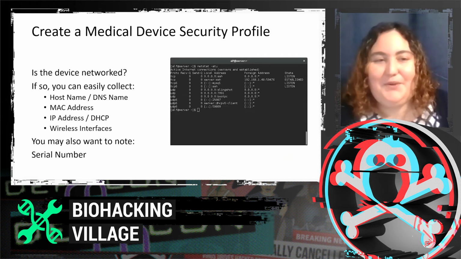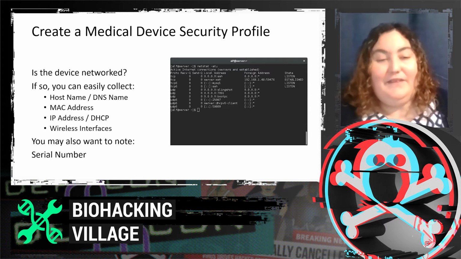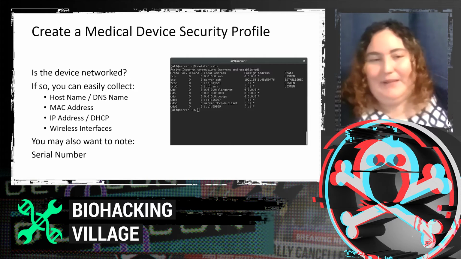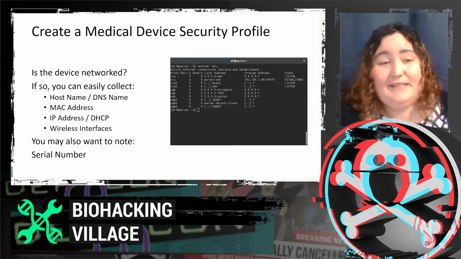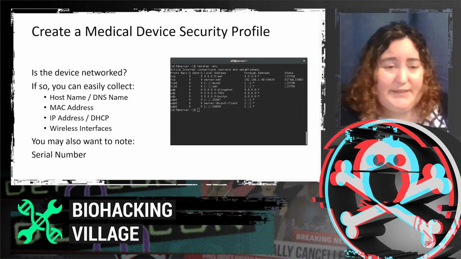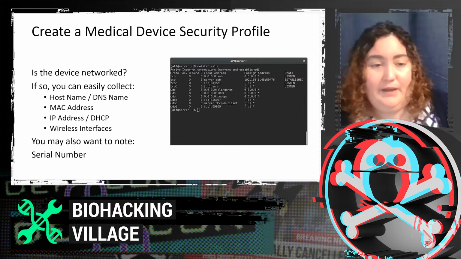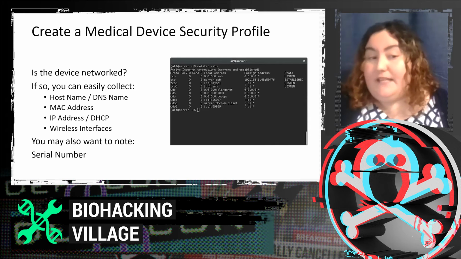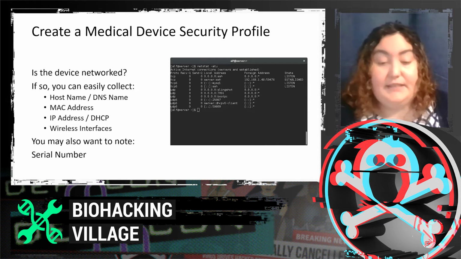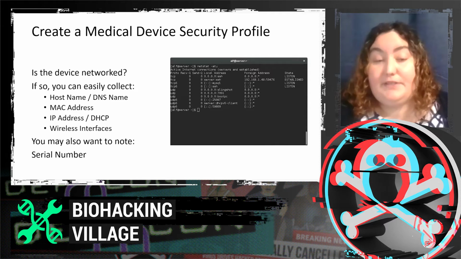So how do you create this profile? If it's networked, as we mentioned earlier with the discovery portion, you can collect host name, MAC address, IP address, wireless interfaces. You may also want to note serial number. Oftentimes that is an identifier used by service.